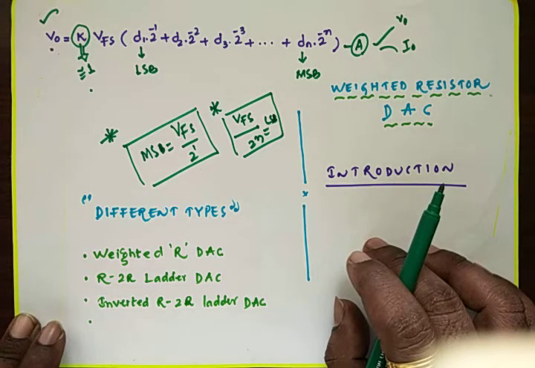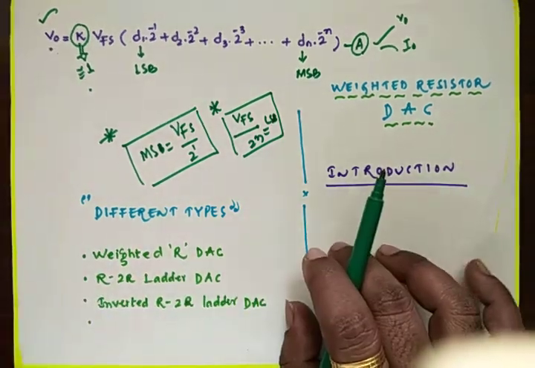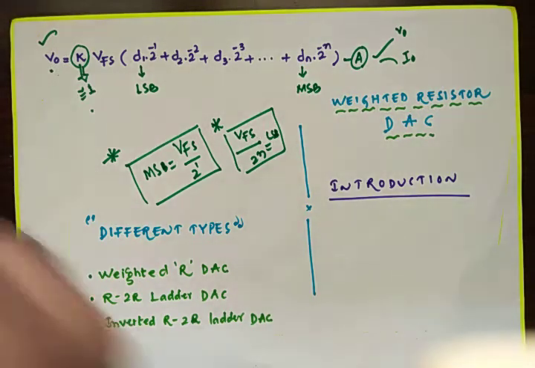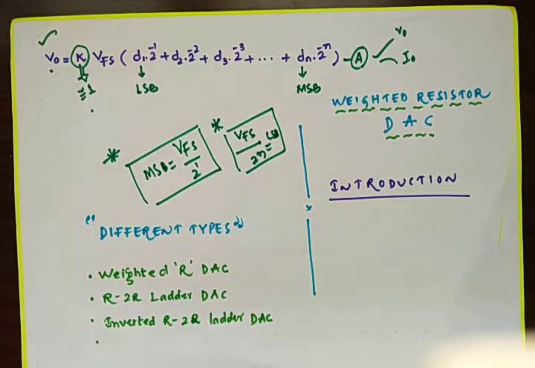Here we shall discuss the following resistive techniques. There are various types of digital to analog converters, of which we are going to discuss only the resistive type, because the syllabus has only the resistive type.